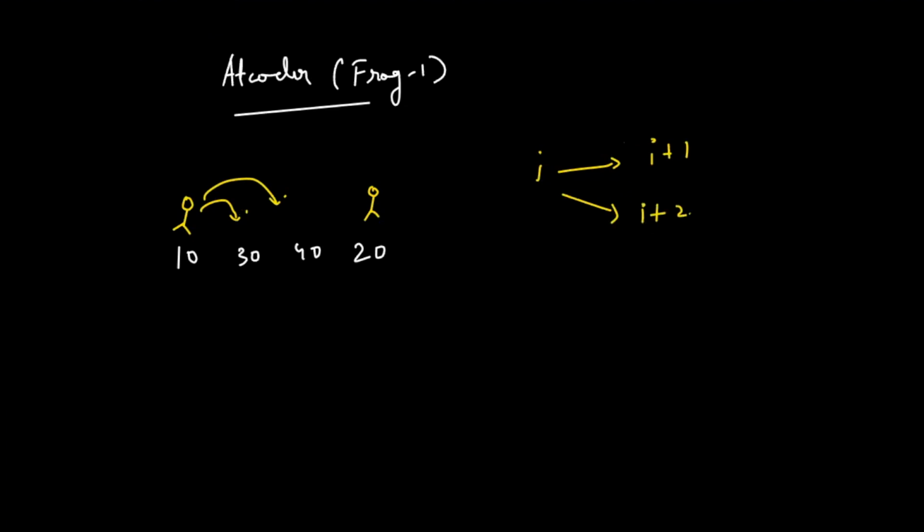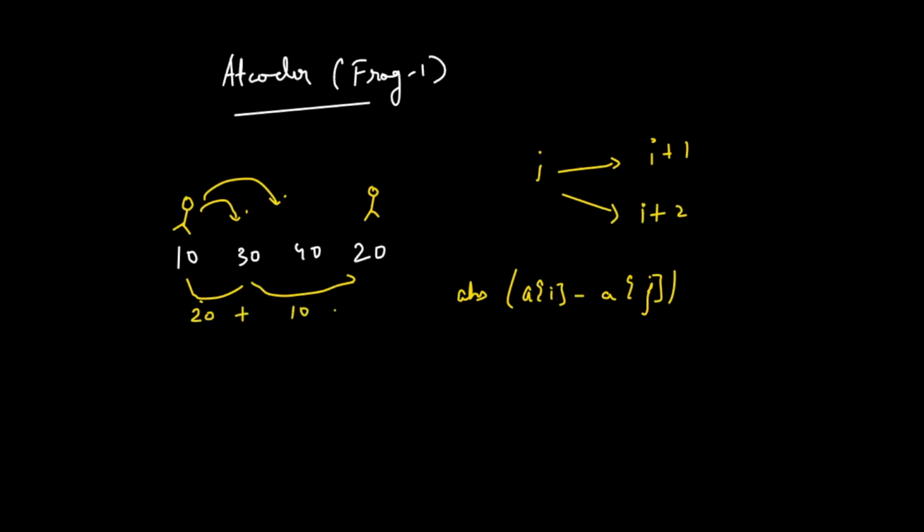Whenever he jumps, the cost is the absolute value of a[i] minus a[j], where j is the index to which he jumps. Let's say he jumps from 10 to 30 and from 30 to 20. The cost from 10 to 30 will be 20, because 30 minus 10 is 20, and from 30 to 20 will be 10.